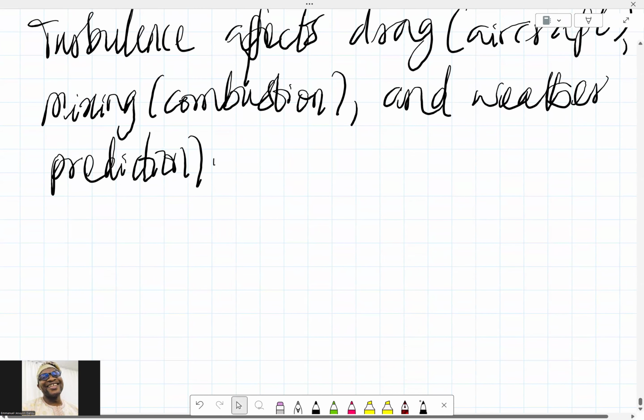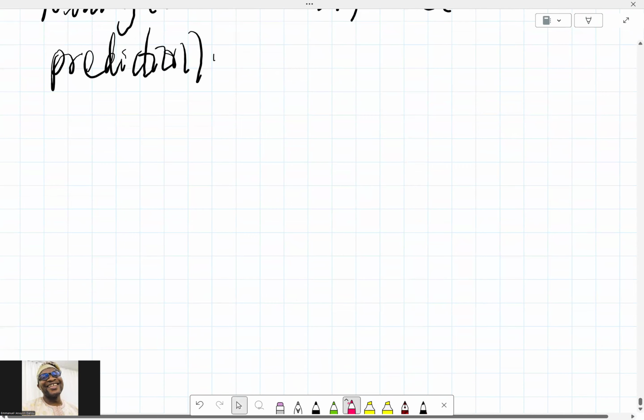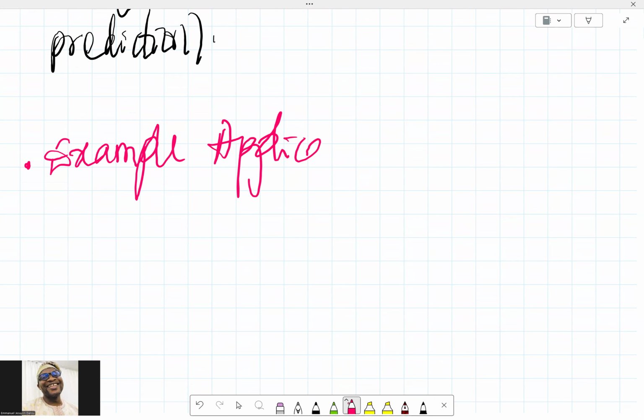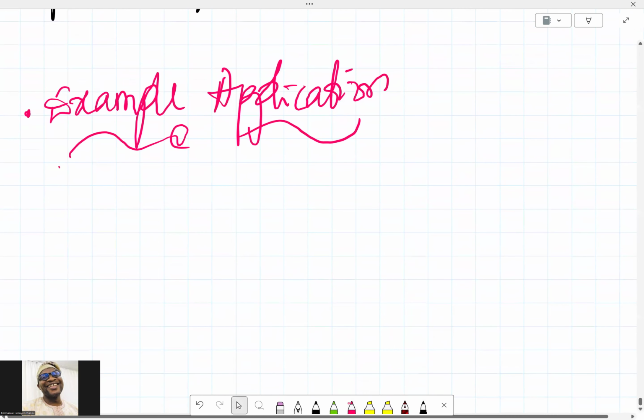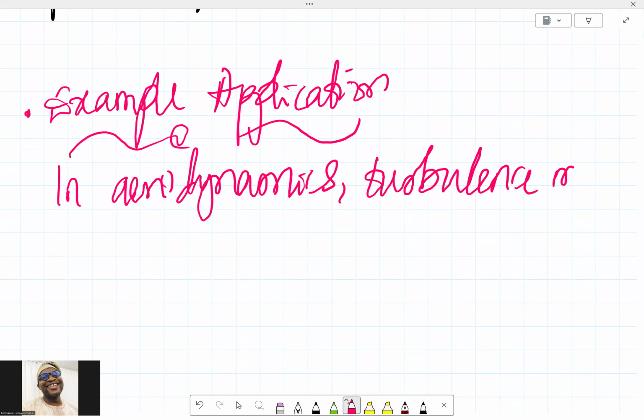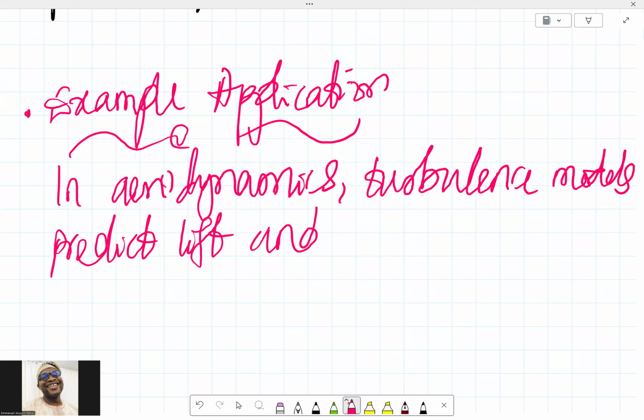Then example application. In aerodynamics, turbulence models predict lift and drag.